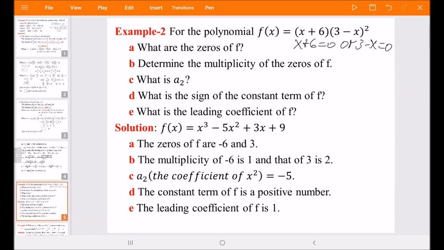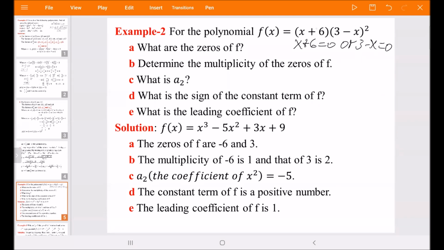We are asked to find a2, the coefficient of x squared. So in order to determine a2, write this polynomial in its expanded form. X plus 6 times 3 minus x the whole square, and 3 minus x the whole square means 9 minus 6x plus x squared.